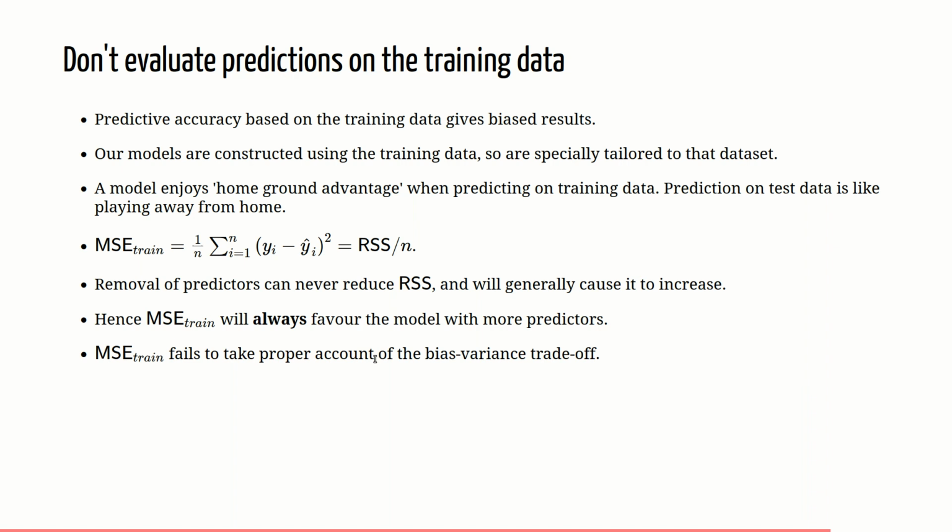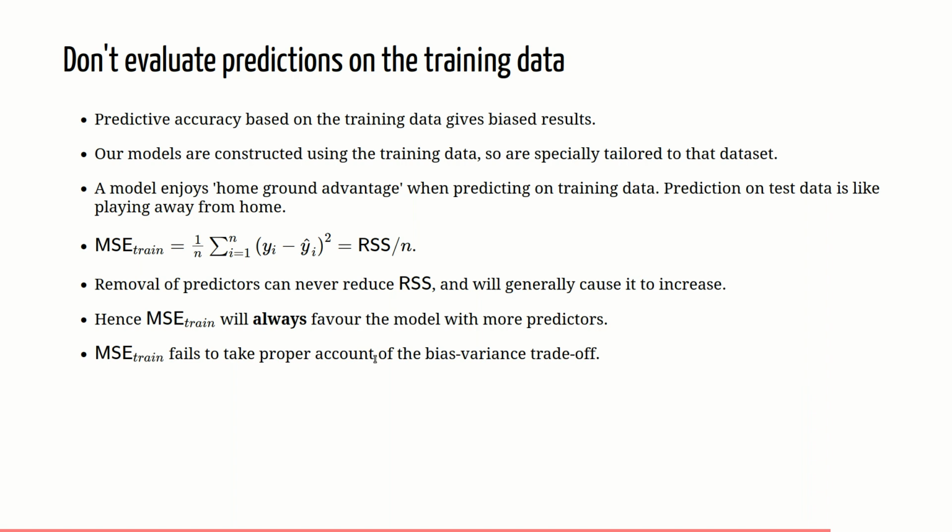So the coefficients that we've computed, the betas, are specifically tailored to that data set. If we're then using that data set to evaluate how good the model is, of course the model does well, because it was trained on that actual data set. In a sporting metaphor, you've got home ground advantage, where everything is familiar and therefore you tend to do better on average.